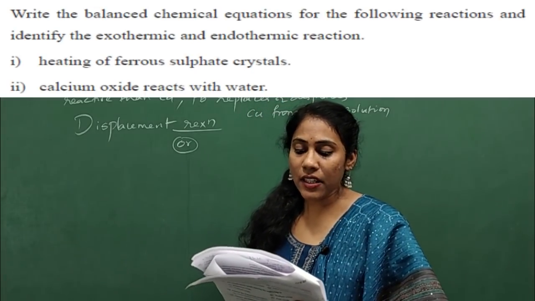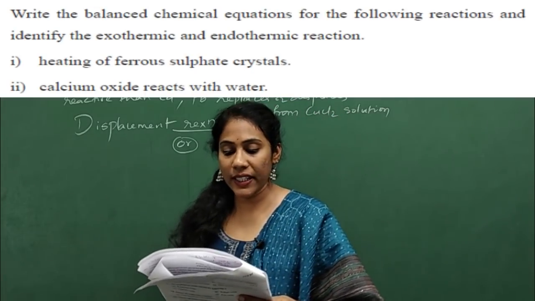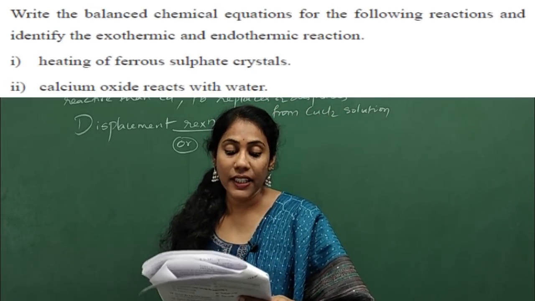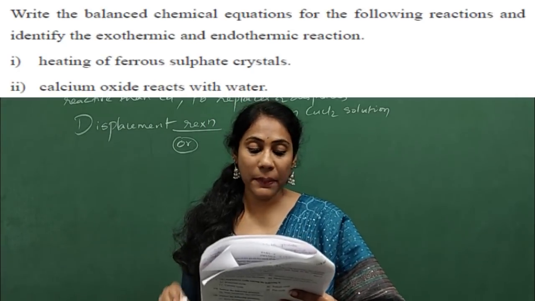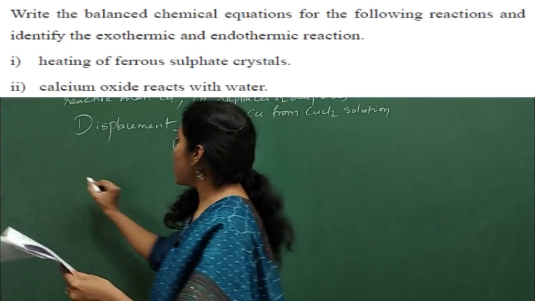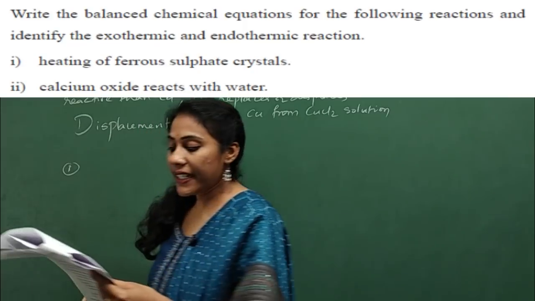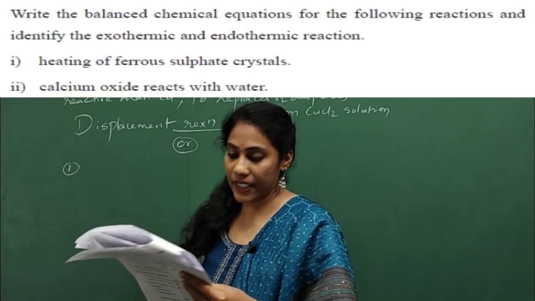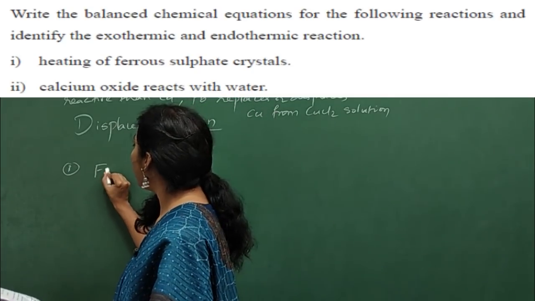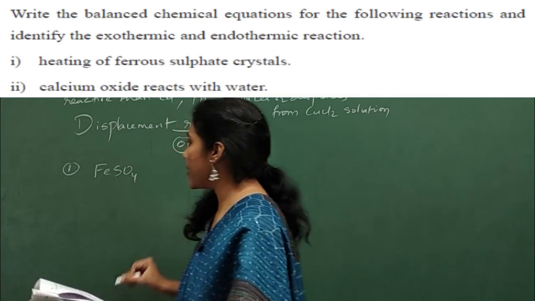Fine. And there is an OR question here also. Write the balanced chemical equations for the following reactions and identify the exothermic and endothermic reactions. So for the first one, what did they tell you? Heating of ferrous sulfate crystals. So formula for ferrous sulfate is FeSO4.